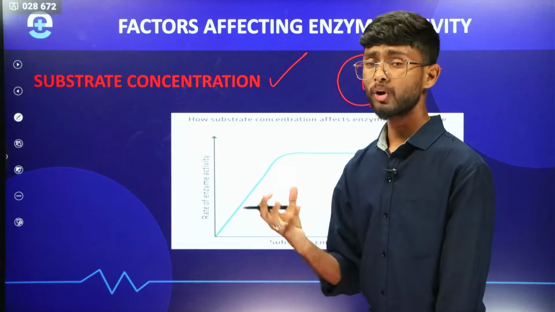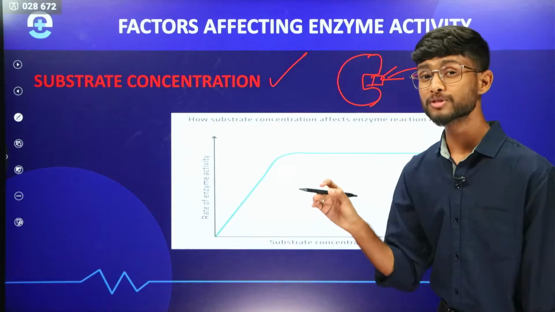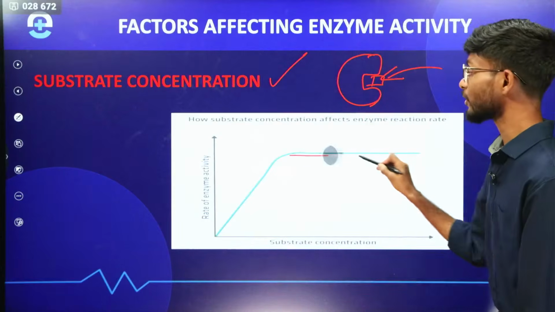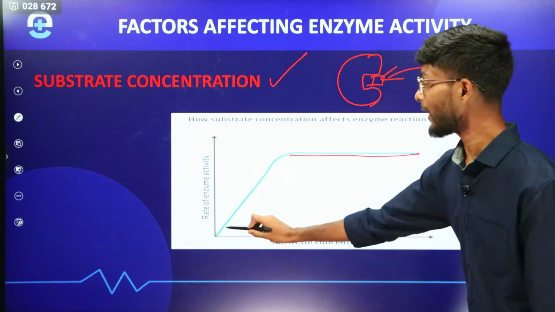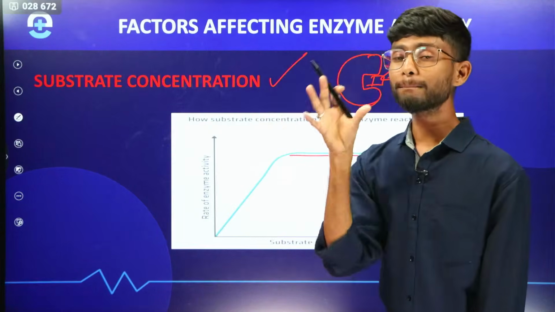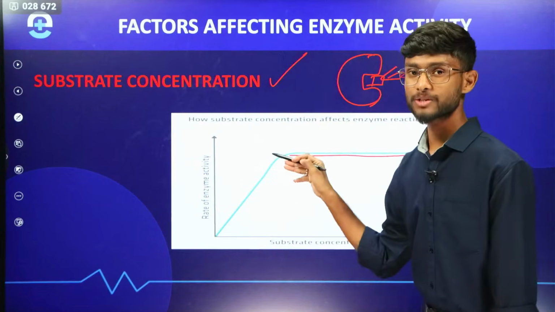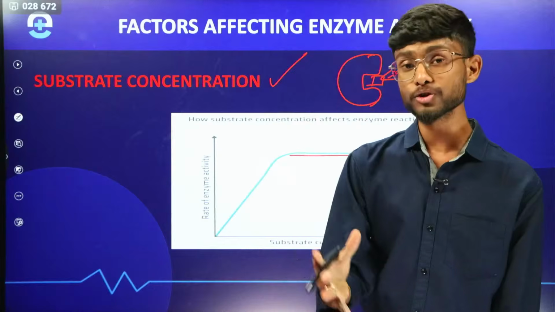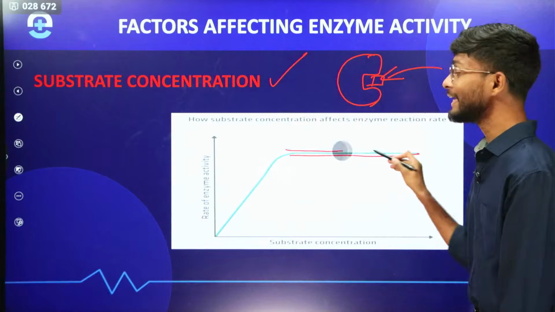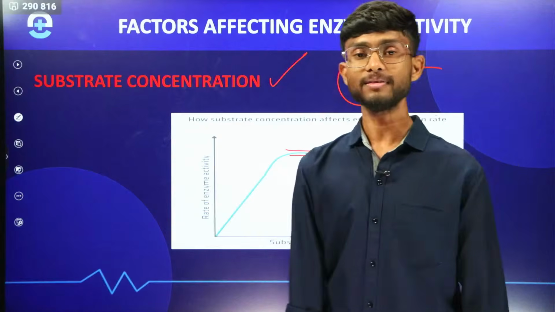If you keep adding more substrate, it will lead to saturation. When you provide more substrate, it binds to the complete set of active sites and they are satisfied. Once saturated, it gives a linear curve. This is substrate concentration.